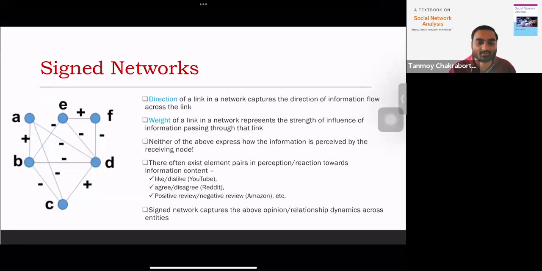They still follow because they want to get updated about his activities. So the notion of sign is very prominent on social networks, sometimes explicit, sometimes implicit. In implicit cases, it might be difficult to figure out. For example, you may need to do some sentiment analysis to understand whether someone agrees or disagrees.